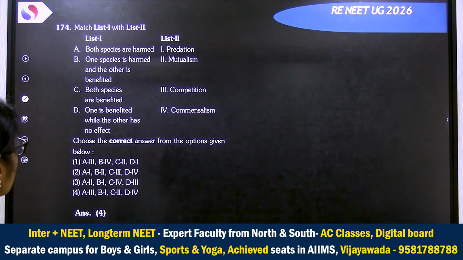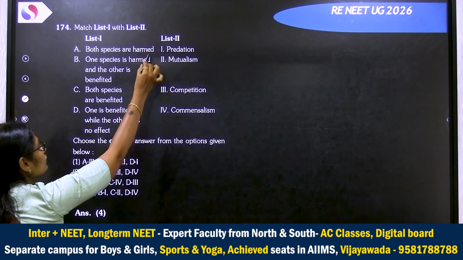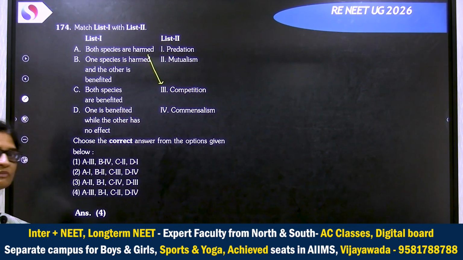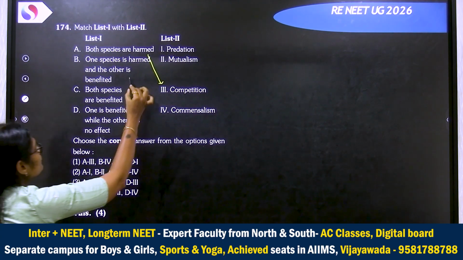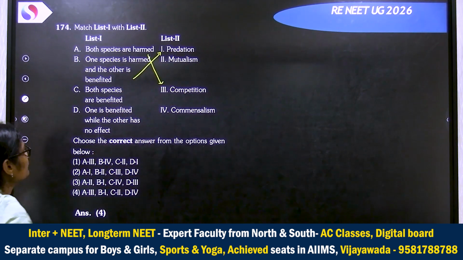The next one, again from organism and population. Both species are harmed: that is competition. One species is harmed and the other is benefited: obviously predation.